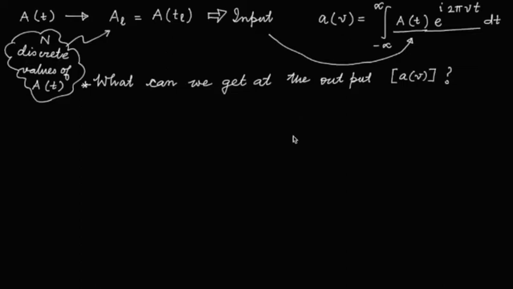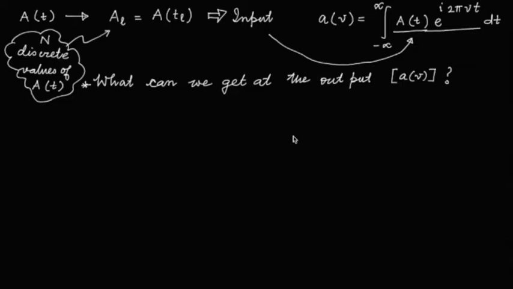Now, you see, because it's a linear operation, if I have n inputs, there is no way I can get more than n outputs which are independent of each other. So n independent inputs can only give you n independent outputs, because you are doing linear operations.